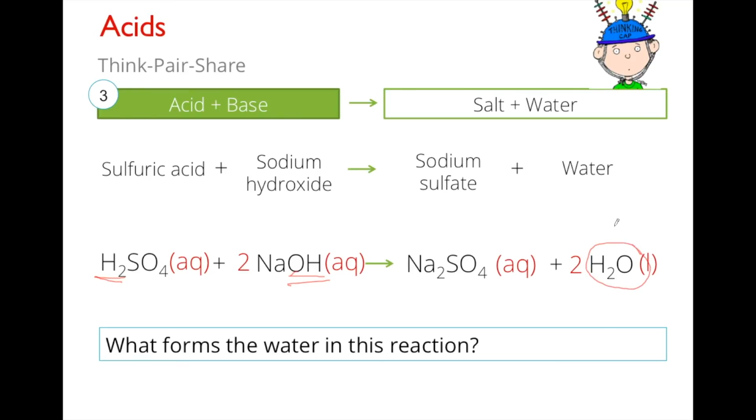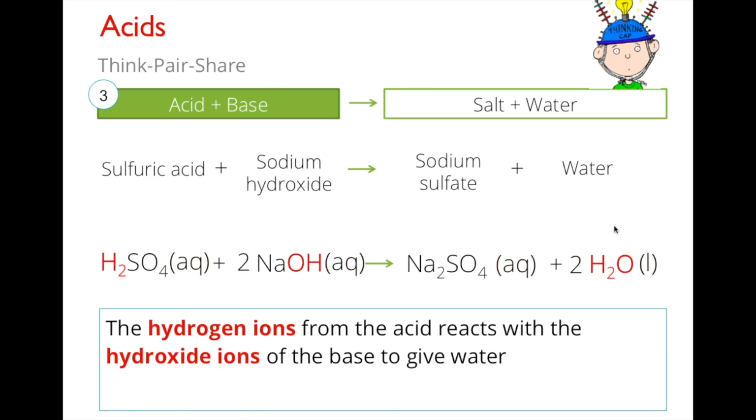So what forms the water in this reaction? It is actually your hydrogen ions reacting with your hydroxide ions to give you water.